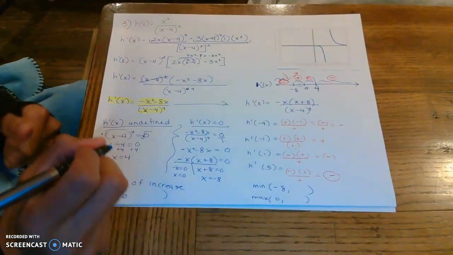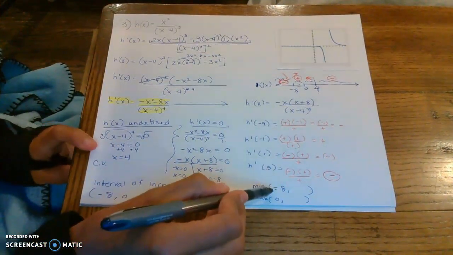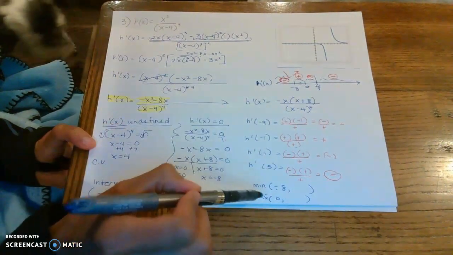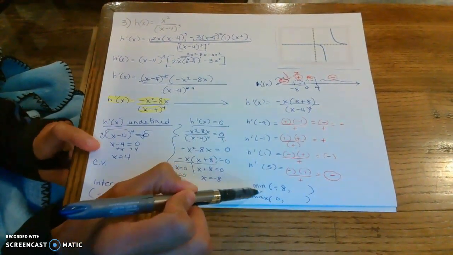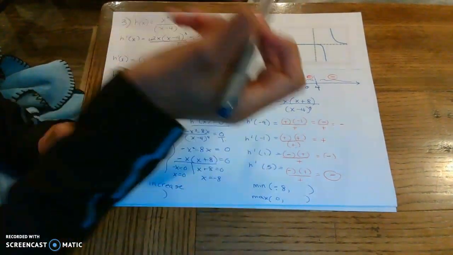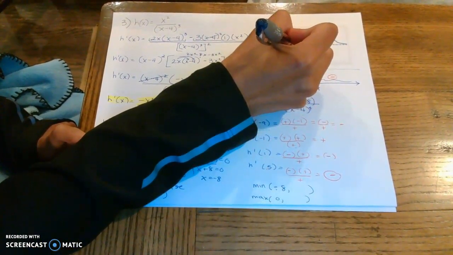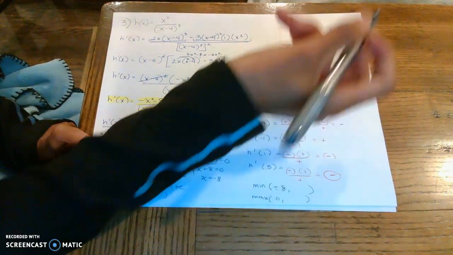Okay, I had a little bit of a pause. Sorry about that. But negative 8, as we left off, is a minimum and there's a max at 0. Now, if you're looking at the graph as I am, you might see negative 8, 1, 2, 3, 4, 5, 6, 7, right here, and you see 0 here.